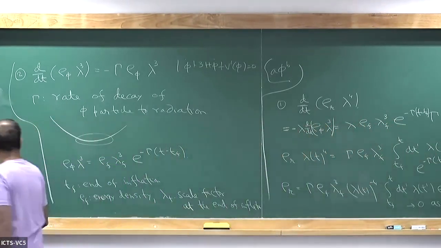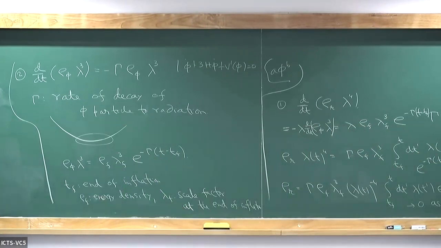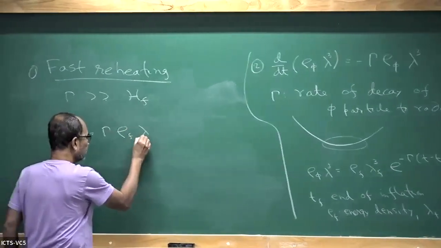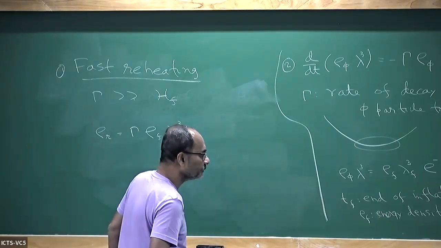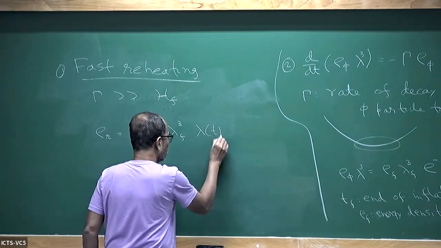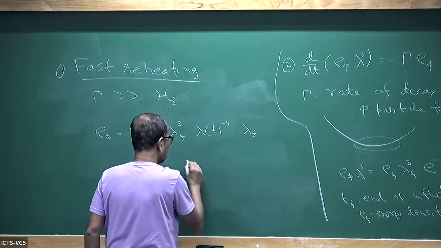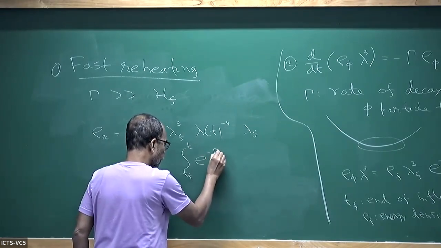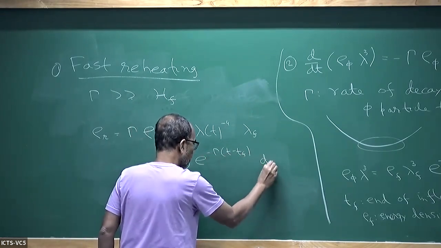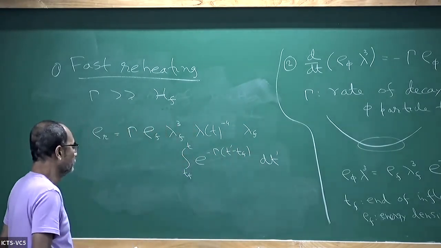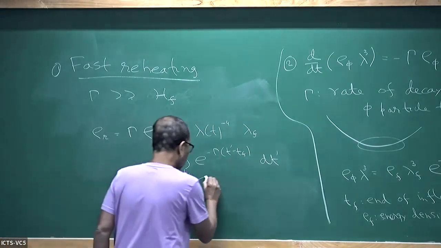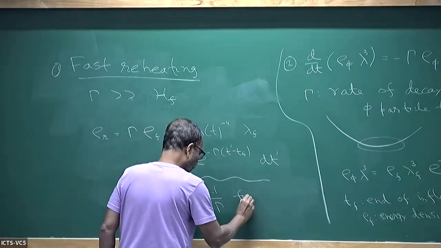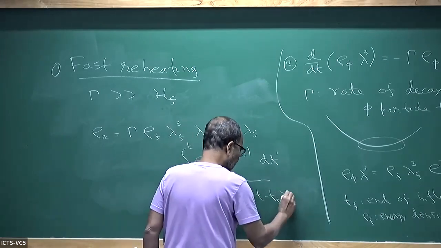Okay. So then I can write rho r as gamma rho f lambda f cubed, lambda t to the minus 4, times lambda f, integral from tf to t, and this one is roughly, you can approximate by 1 over gamma for t minus tf larger than 1 over gamma.